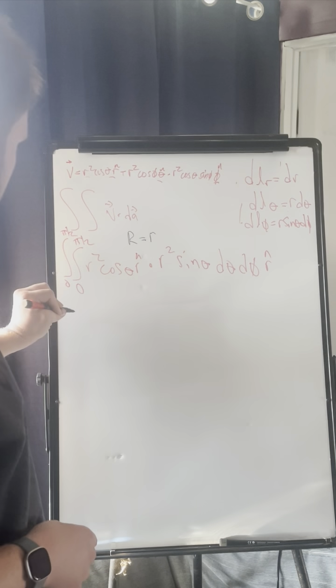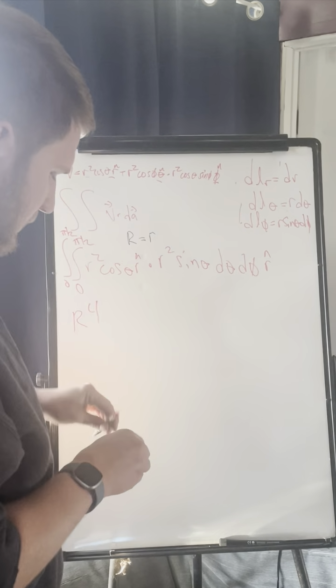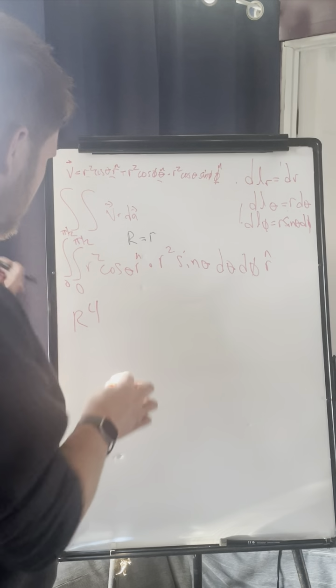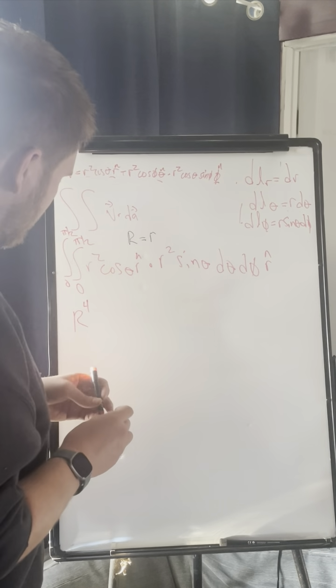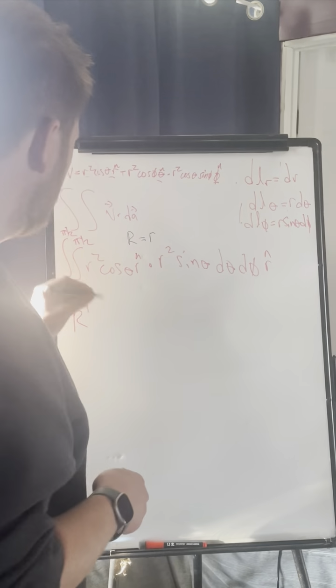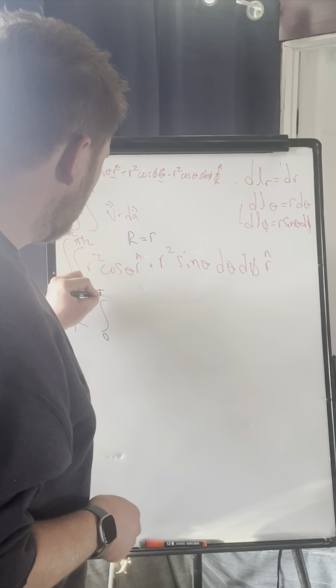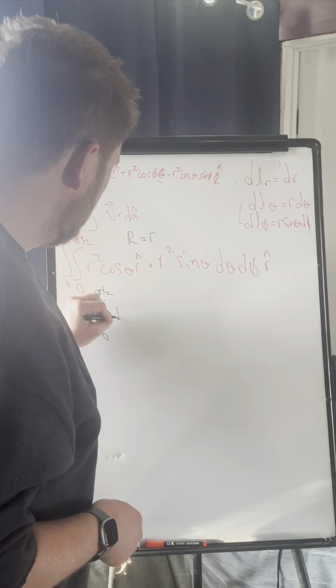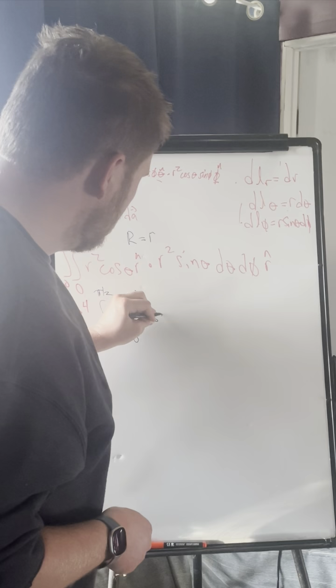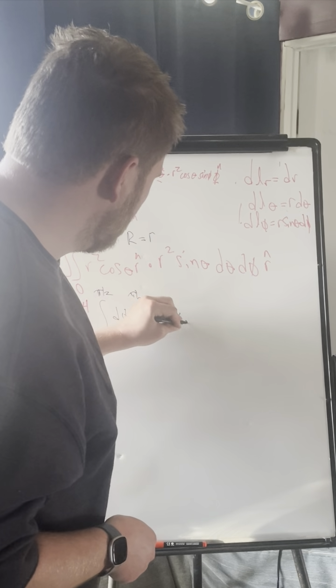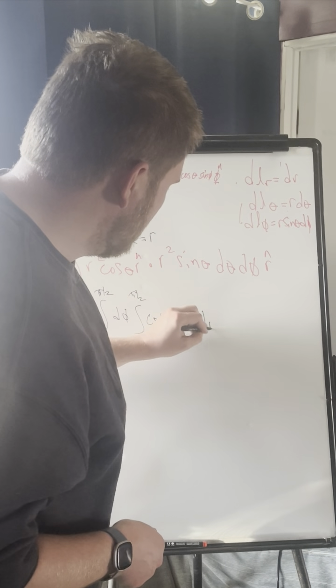So is this becoming a constant? R to the 4th. Let me make it look like an exponent. R to the 4th, integral 0 to pi over 2 d phi, and 0 to pi over 2 cosine theta sine theta d theta.